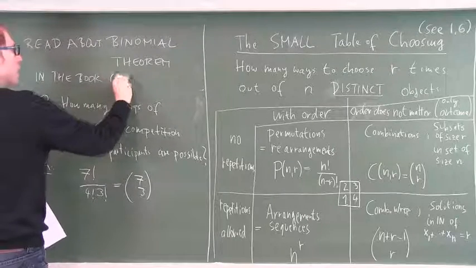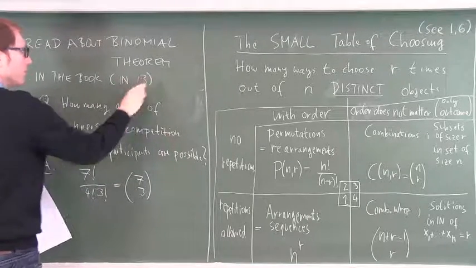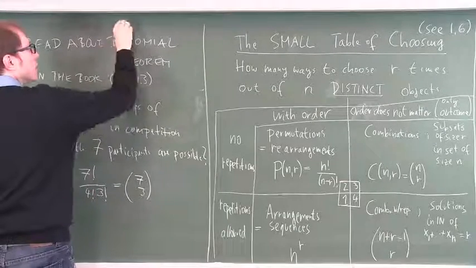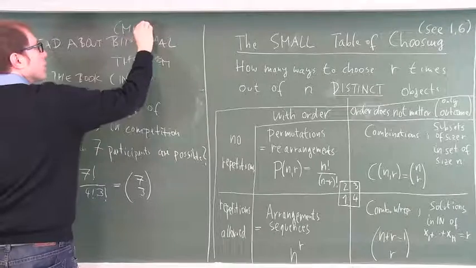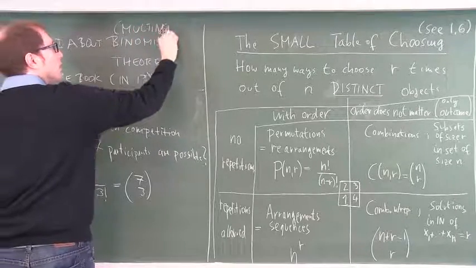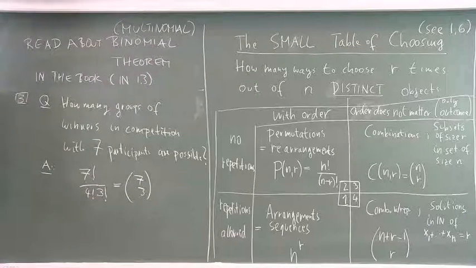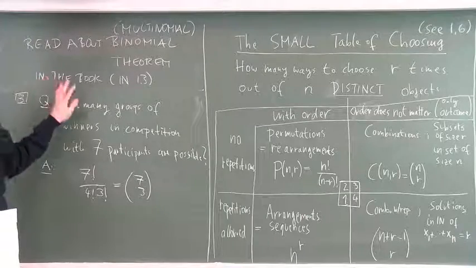So this is in section 1.3. And it would also be nice if you would try to read about the multinomial theorem, so about multinomial coefficients. This is a generalization you also might have seen before. It's not that important for this class, but it's definitely good to know.